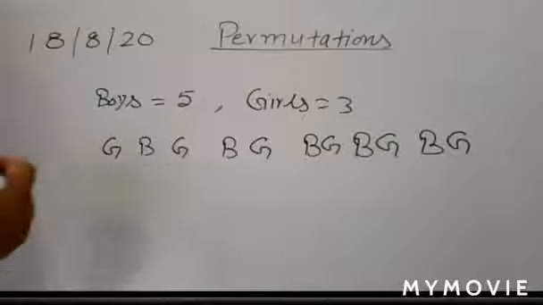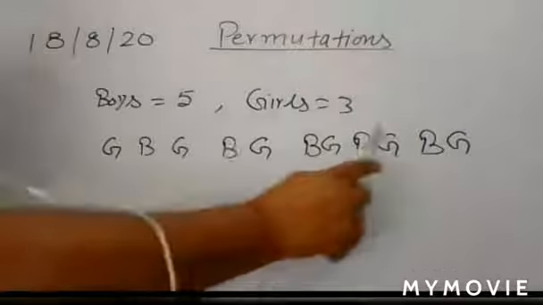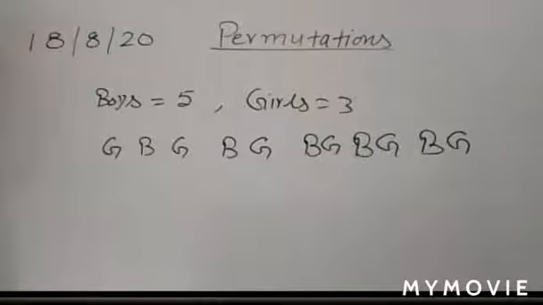Out of these 6 places, 3 girls can be seated in 6P3 ways. And the boys can be seated in factorial 5 ways. If you multiply them by the fundamental principle of counting, you will have your answer.